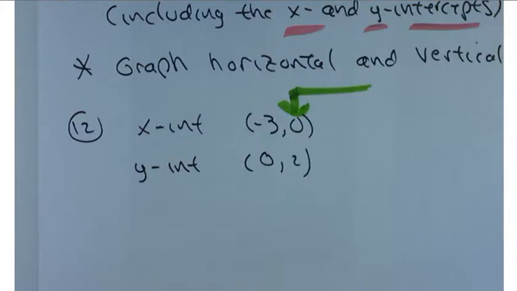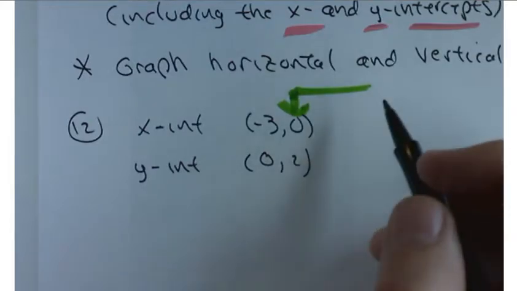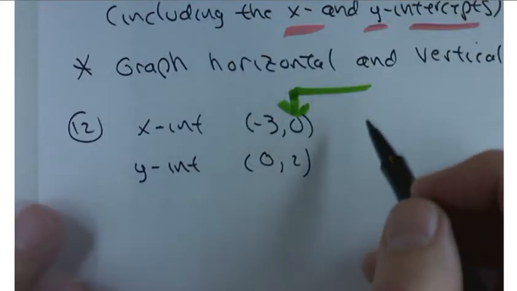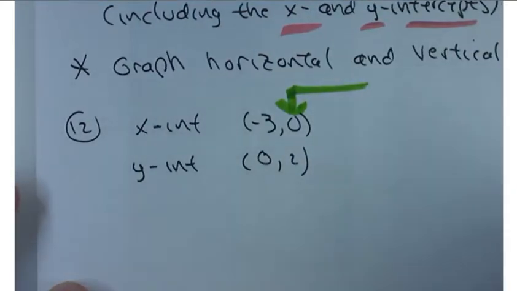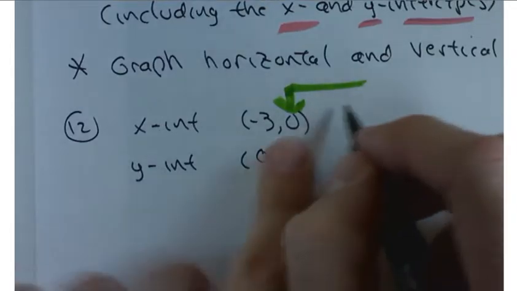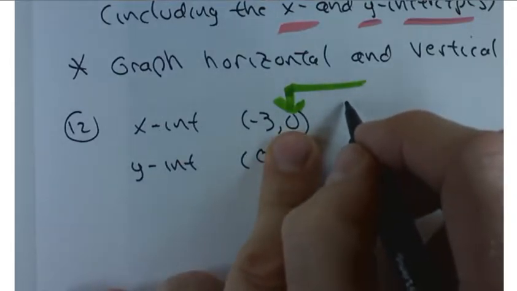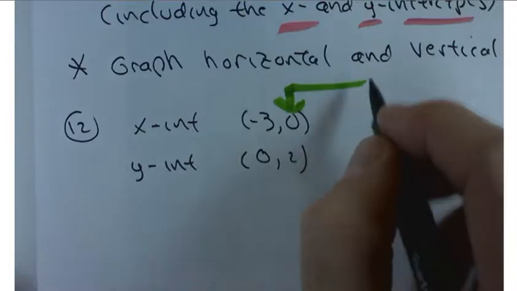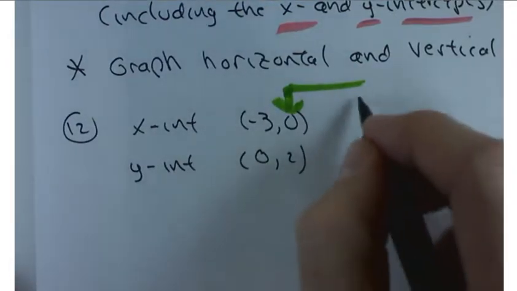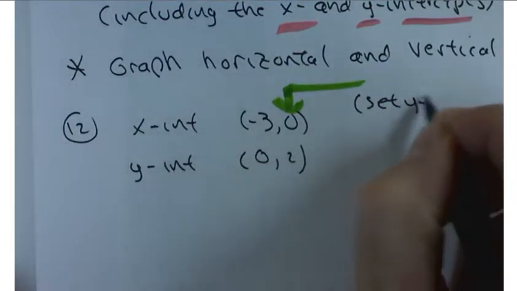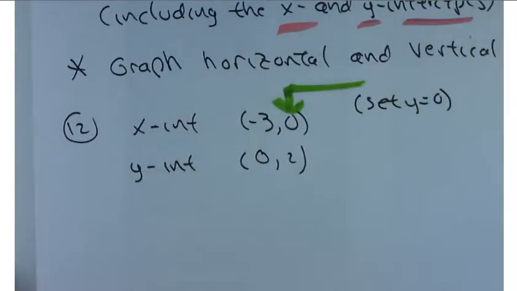Einstein was really good about doing thought experiments. So if you picture the x-axis as a horizontal line in which the y-coordinate is 0, no matter where you're at. So to find the x-intercept, you're going to set y equal to 0. That's how you're going to find the x-intercept in general.